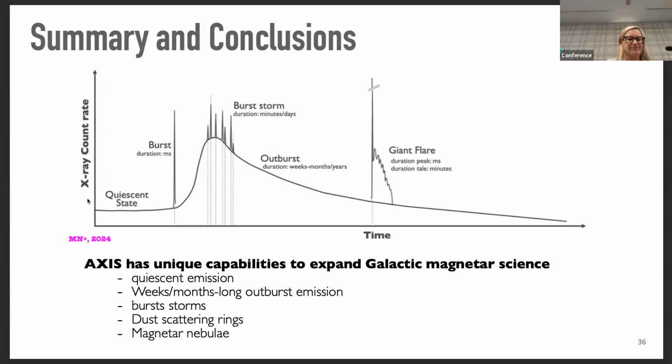I had a question from this plot. You've unified the different phenomena related to magnetars. I guess the giant magnetar flares were previously unknown sources and they just happened to trigger all-sky monitors? This is a good question. I'm not sure if the magnetar was already known before the giant flare.